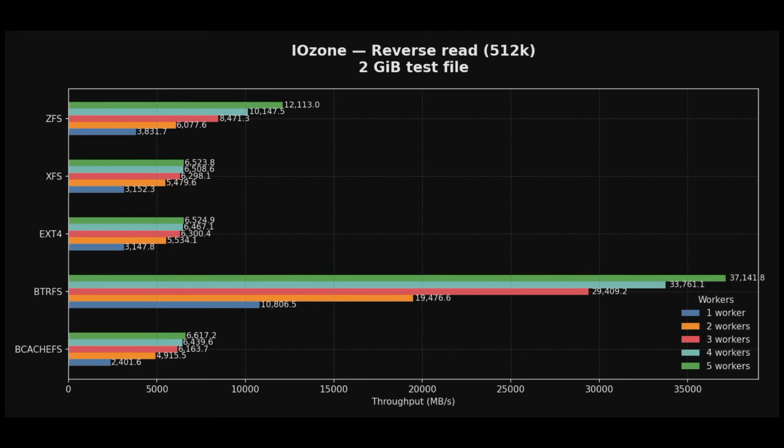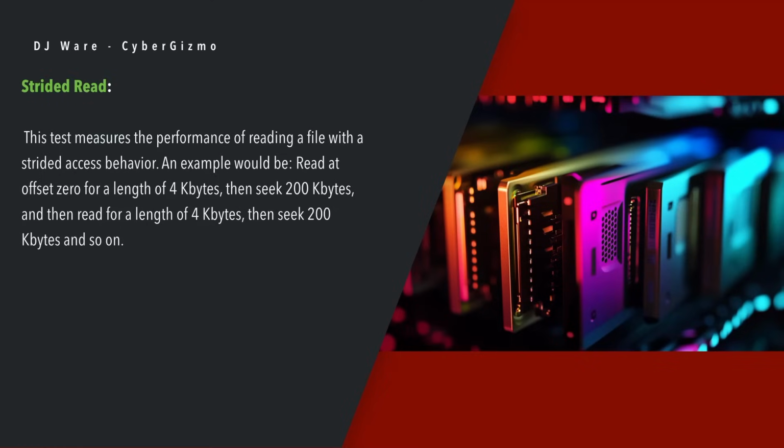It's 37 gig, basically, per second, which is faster even than the PCIe channel. So I know it has nothing to do with the drive. So ZFS is at 12,000 at peak, and XFS, ext4, and Bcachefs are all drive speeds.